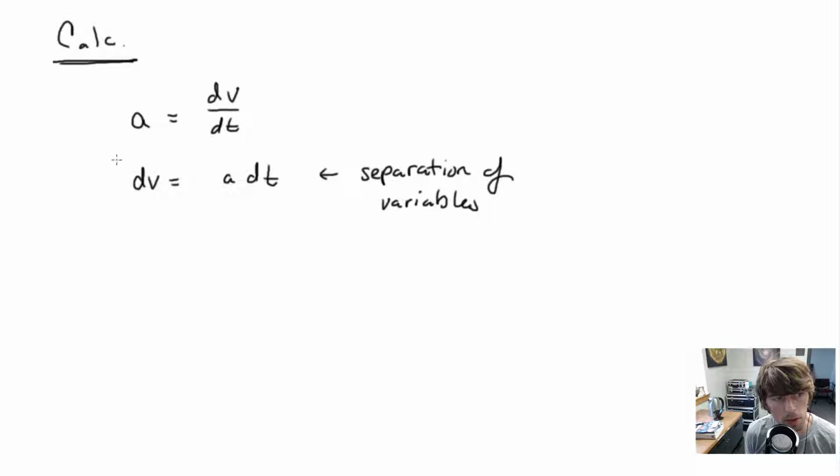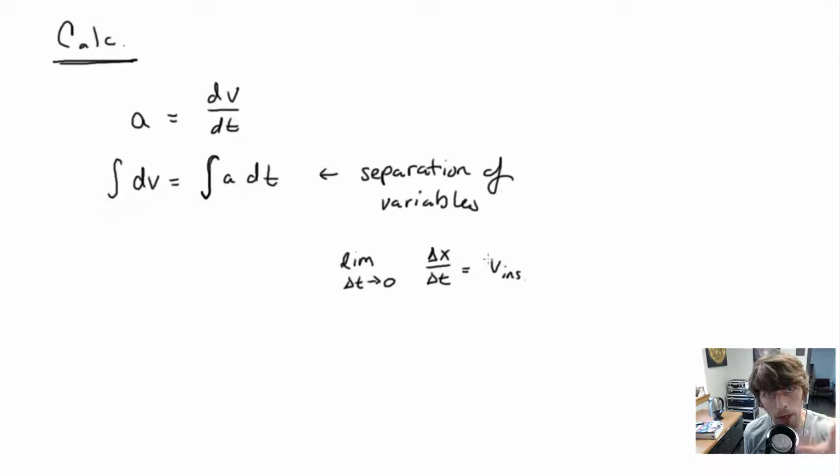And then we're going to do what's called an integral. You say, whoa, whoa, whoa, what's going on here? An integral is just a fancy notation. Just like, if you recall from a couple of videos ago, we said let's take the limit as delta t goes to 0 of delta x over delta t, and that gives me my instantaneous velocity.